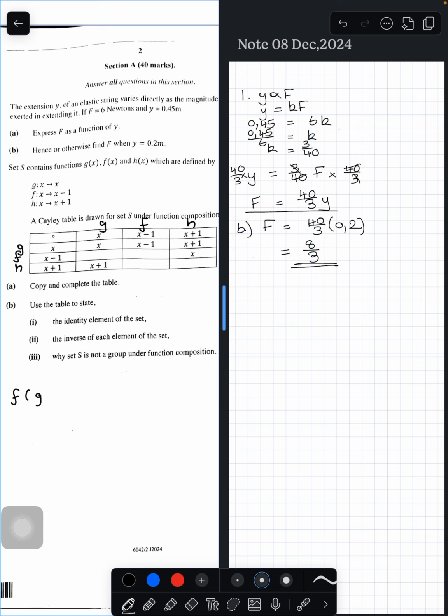So F of G here, what does it mean? It means go to G and replace the value of x with the value which is in F. Our G is x and our F is x minus 1.